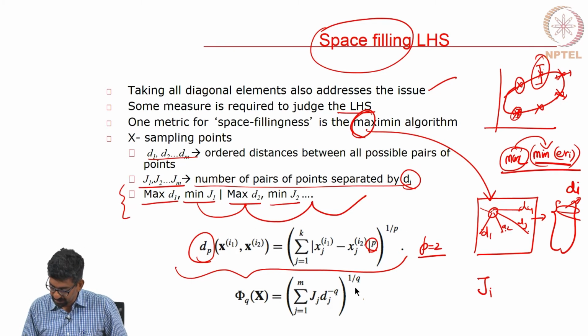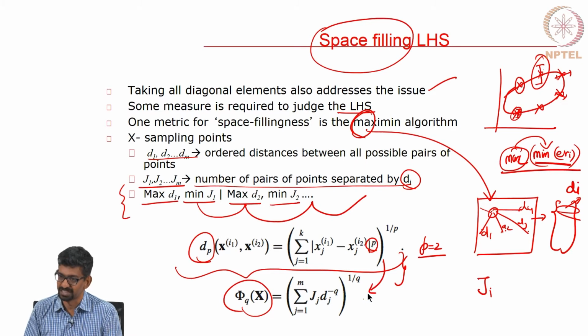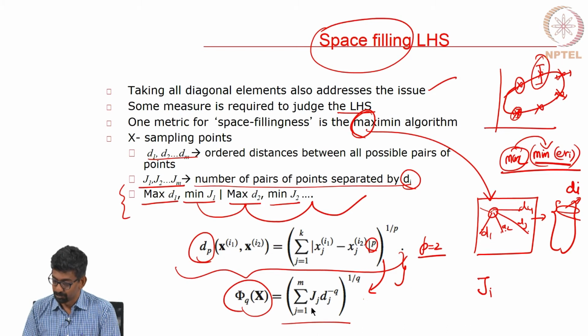Finally they came up with a slightly different criteria. There is a little bit of algebra coming from this to here, which is slightly out of scope for this course. So, we will take it for granted that you do this as a sum for all the points basically. J runs from 1 to M combinations, each pair that I take, Dj raised to minus q, and 1 over this is the same 1 over q that you take.